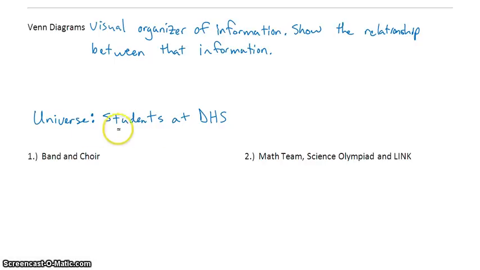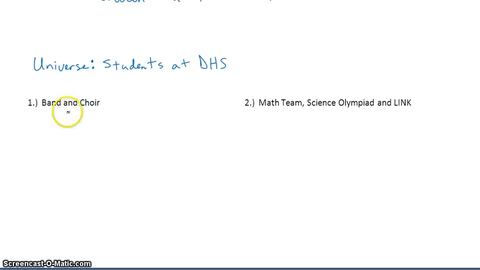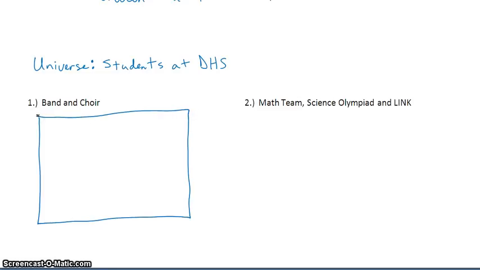When we have our universe being students at Delano High School, I need to first come up with a place to put all the students in Delano High School. To do that, I'm going to start with a rectangle. And that rectangle is going to be our universe, all students at Delano High School. If you're outside this rectangle, you're not in our universe. You're not a student at Delano High School.